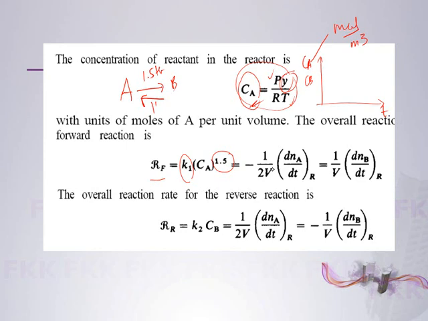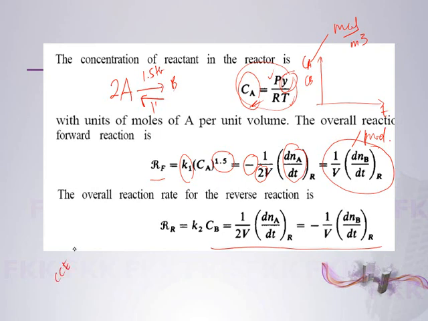Hang on, the equation is 2A, so this is actually the stoichiometric ratio for the forward reaction for A, because we are measuring the concentration for A. And we have minus here because this is the reactant; this is the expression for product. So the overall reaction rate is this. If you want to do the component quantity equation for A, you take only this part.